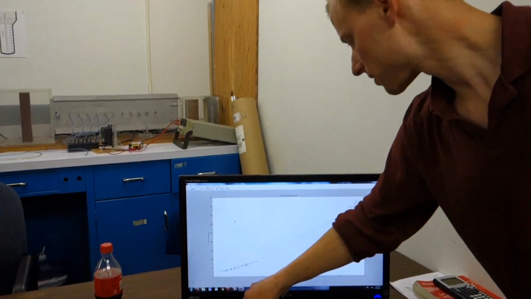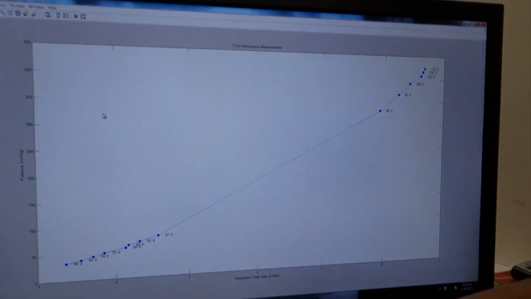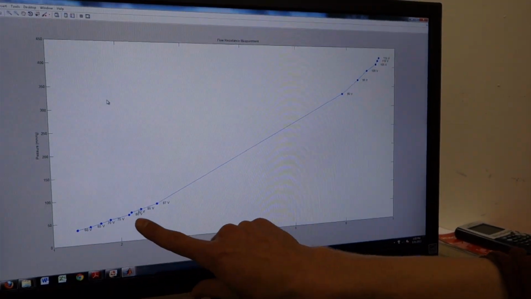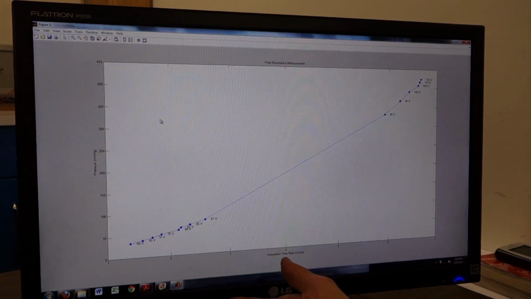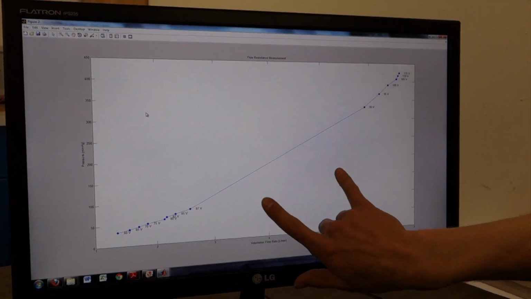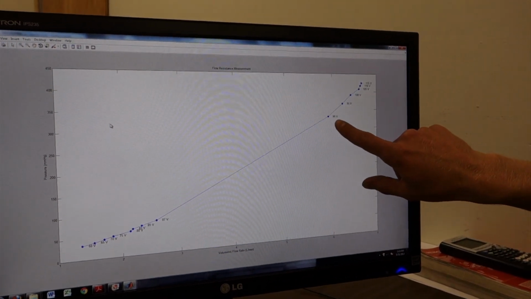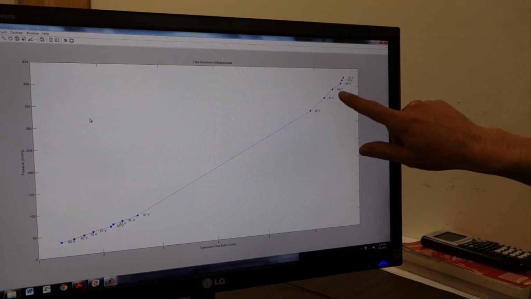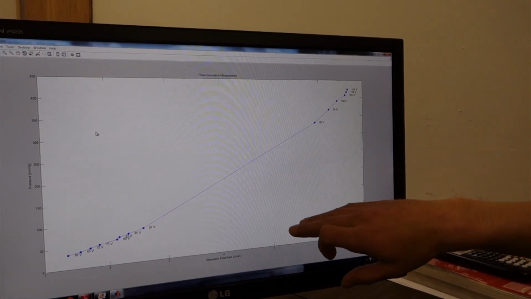At low flow rates, this is flow rate on the X versus pressure on the Y. At low flow rates, the curve is approximately linear that relates pressure and flow rate, and that's to be expected because P equals Q times R is a linear proportion. And then the pump has a nonlinear region in here where it's quickly ramping up to a high flow rate. And then in the high flow rate regime, we see some sort of exponential fit for how the pressure and flow rate are related.